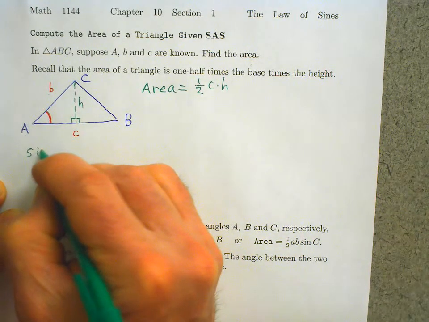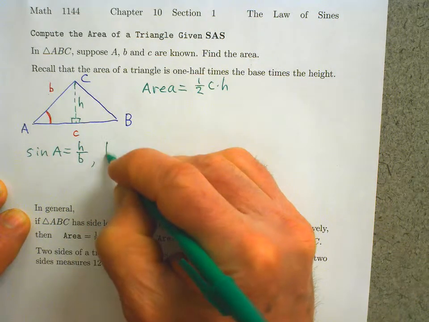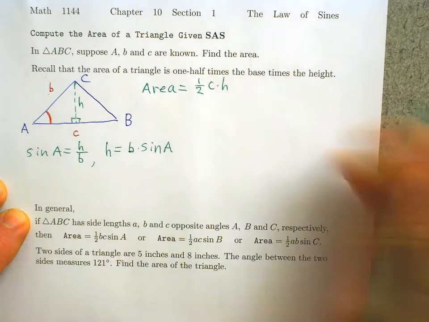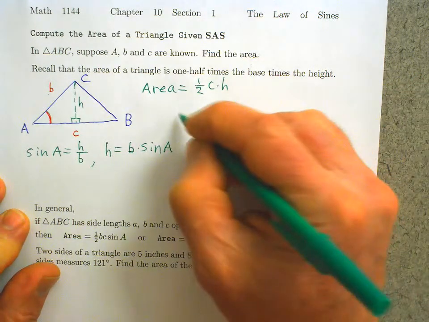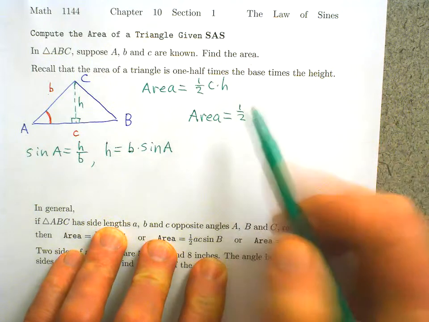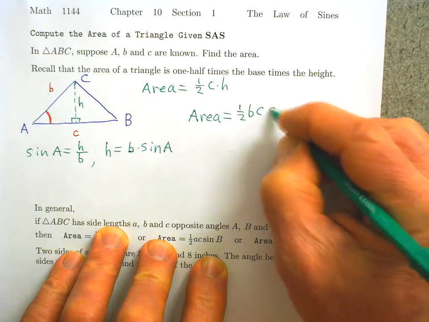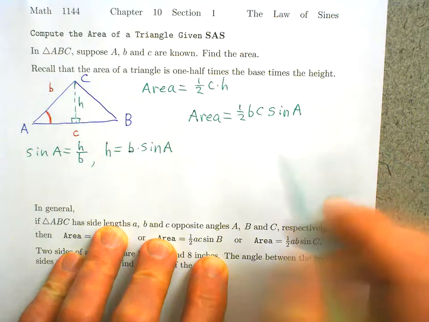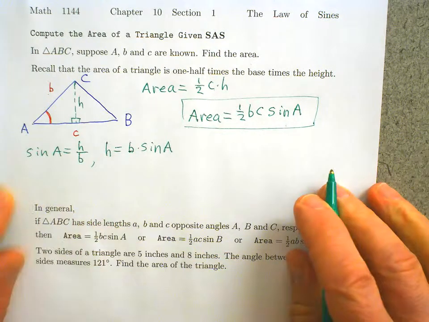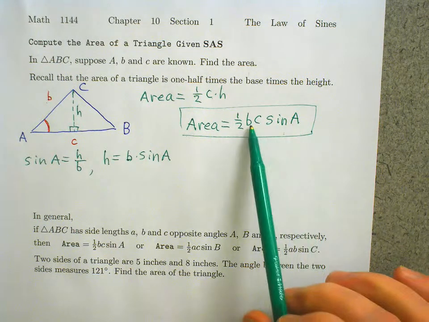I can write that the sine of angle A is equal to h divided by b, or h is equal to b times sine of the angle A. So we can write that the area of that triangle is 1/2 times c times b times sine of A, but I'll write it as 1/2 times b times c times the sine of A. Okay, so that's the area of the triangle because angle A is given and lengths b and c are also given.